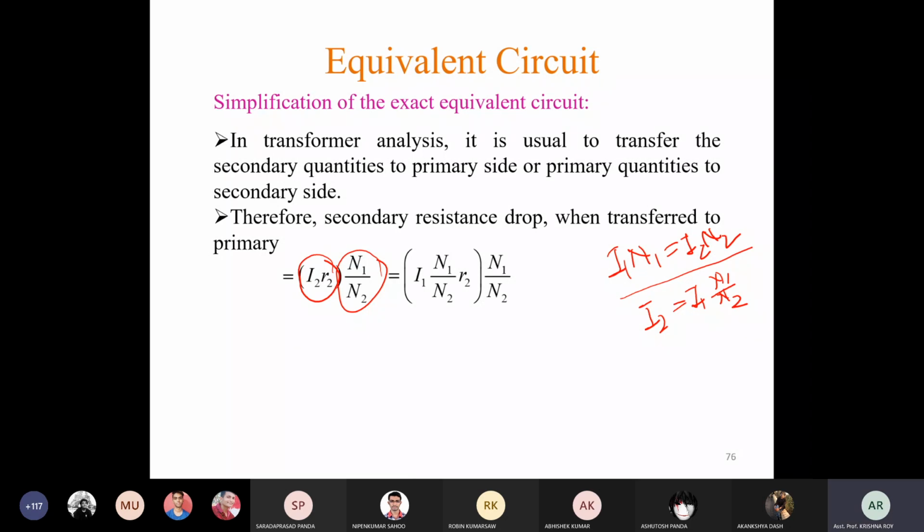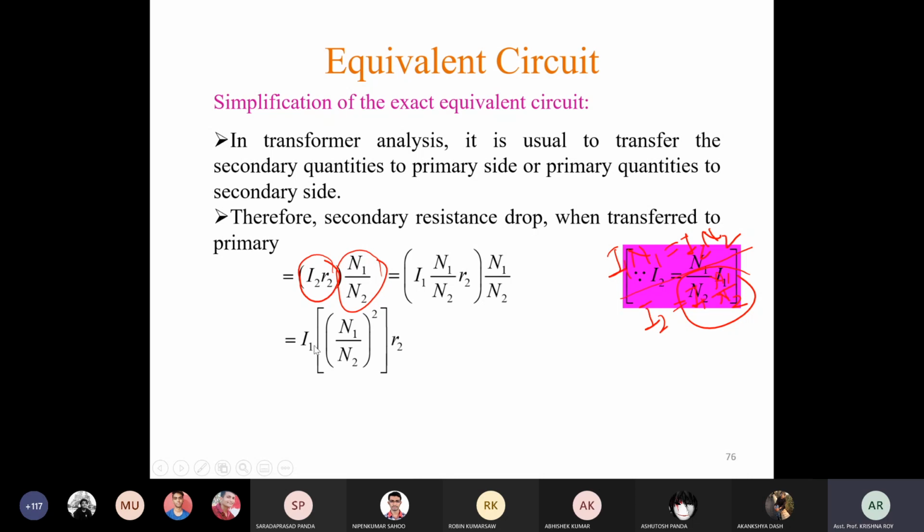Putting this value in the equation, we get I1 into N1 by N2 whole square into R2, and we know that this R2 into direct ratio squared is actually the value of the resistance connected to the primary side, which was earlier in the secondary side with a value of R2. So R2 is the secondary resistance, which when transferred to the primary side becomes R2 dash, equal to R2 into direct ratio squared.